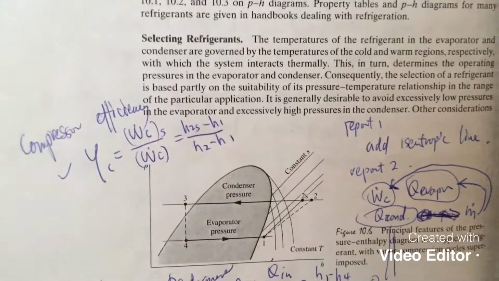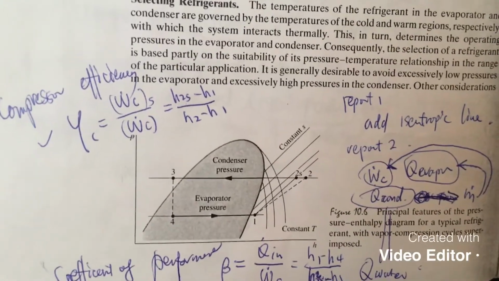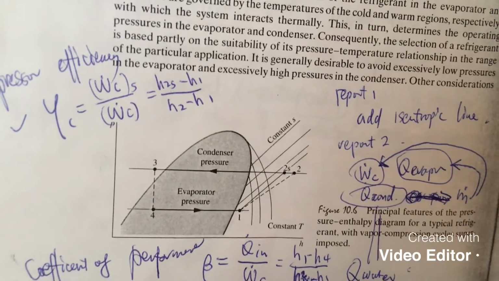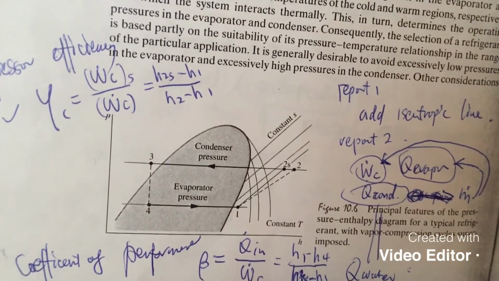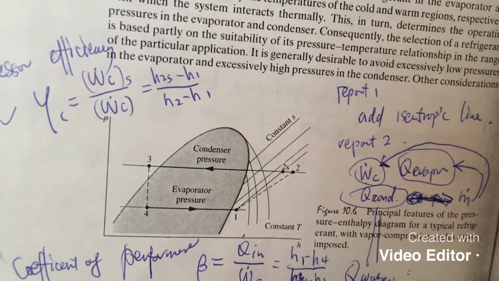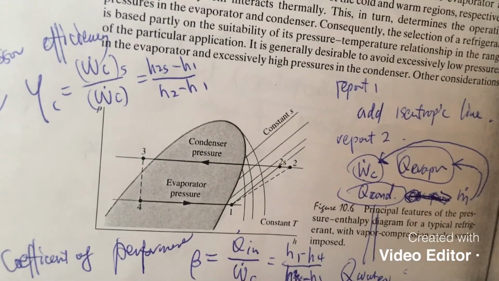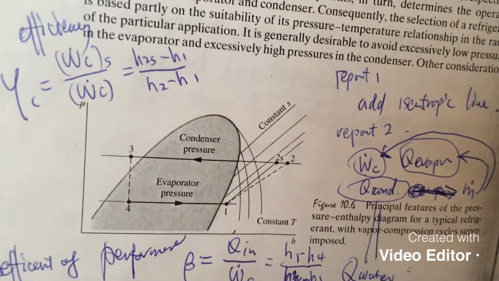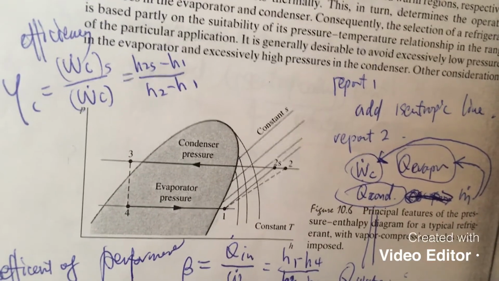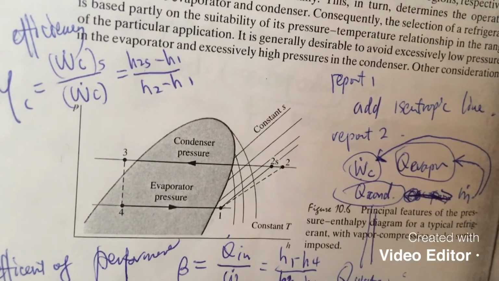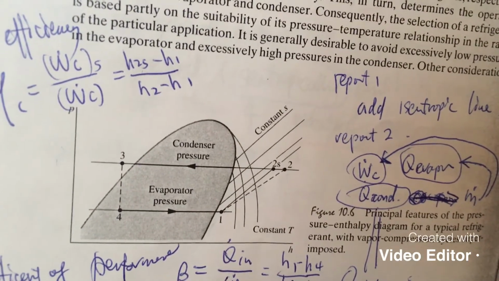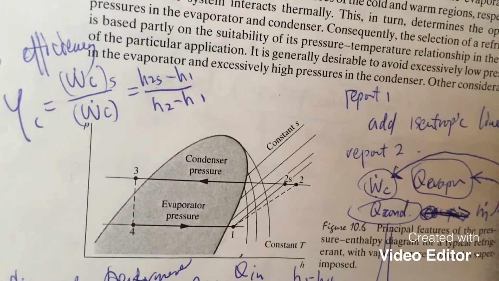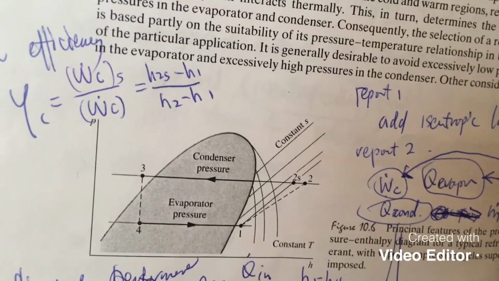Compressor efficiency is defined as W, the work of the compressor, ideal divided by the actual work of the compressor. And it's equal to, look at the diagram, H2S minus H1 divided by H2 minus H1. 1 and 2 are the two points before and after the compressor. So H2 minus H1 is the actual delta H, right? You measured.